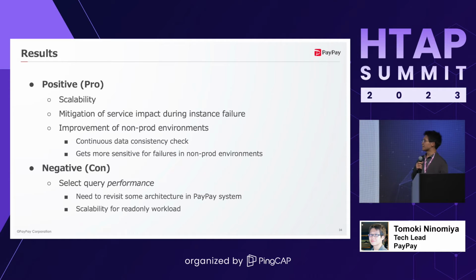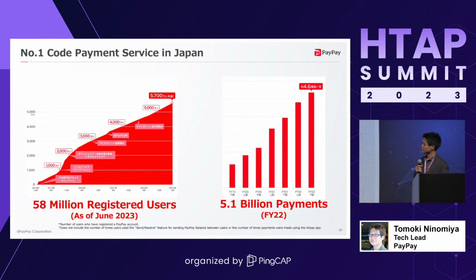Four years have passed since we introduced TiDB. So finally, we are here to evaluate the result of the TiDB migration. Since its launch, we are still increasing the number of features, and we are still growing services with TiDB.